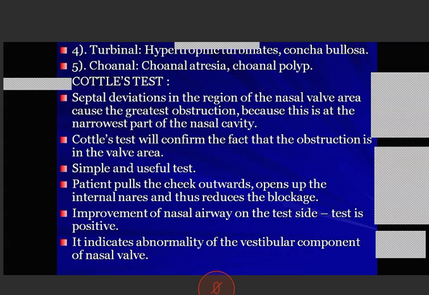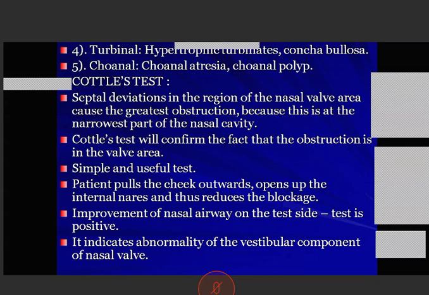So what is Cottle's test? Septal deviations in the region of the nasal valve area cause the greatest obstruction because it is the narrowest part. Nasal valve area is the narrowest part of the nasal cavity. So again, I'm telling you, the nasal valve area is bounded laterally by the anterior end of the inferior turbinate, medially by the septum, and superiorly by the limen nasi.